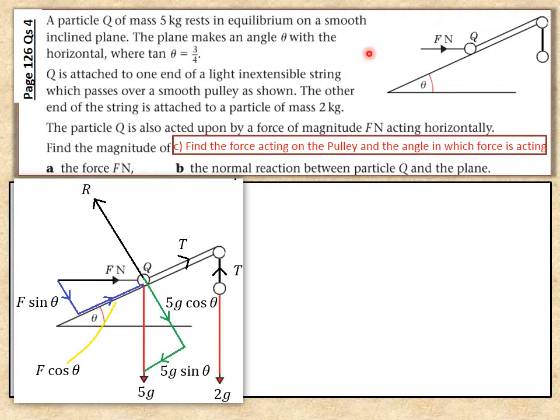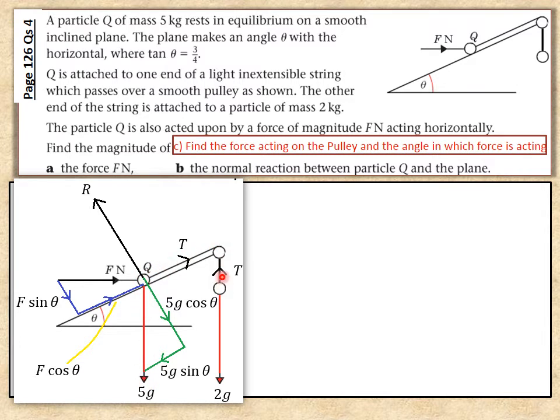First of all, the weight will be acting downwards. There are two objects: this object here is P, this object here is Q. They said P is of mass 2 kg, so the weight will be 2G. And Q is of mass 5 kg, so this will be 5G.